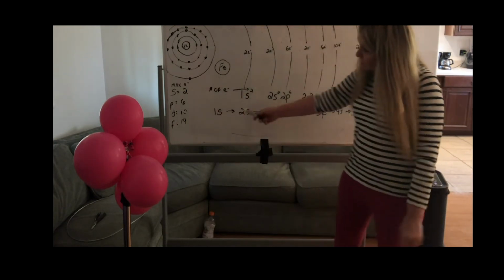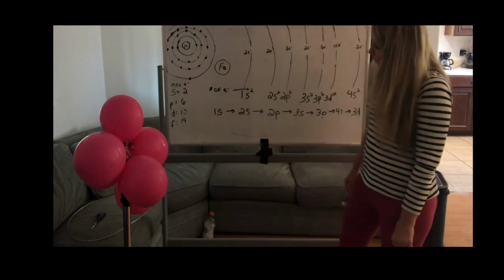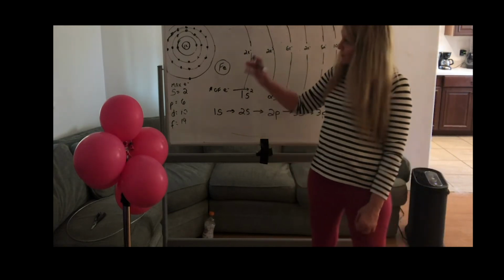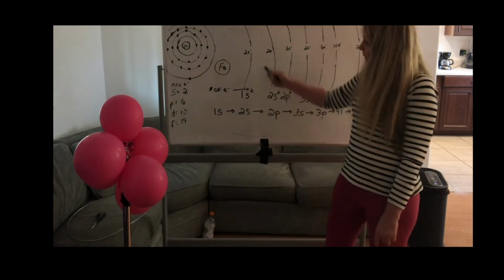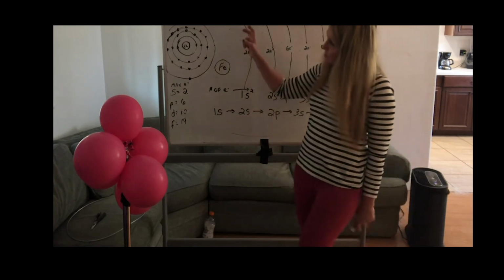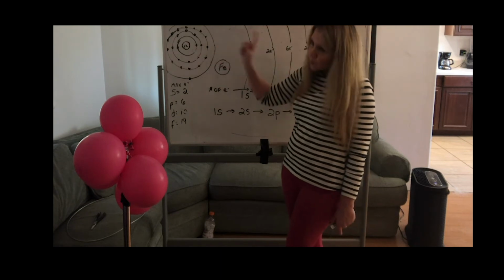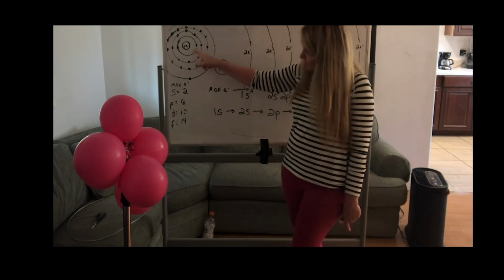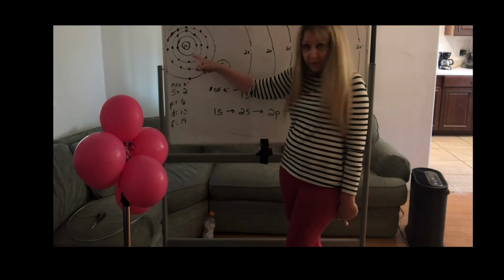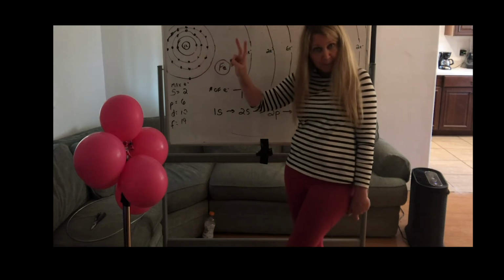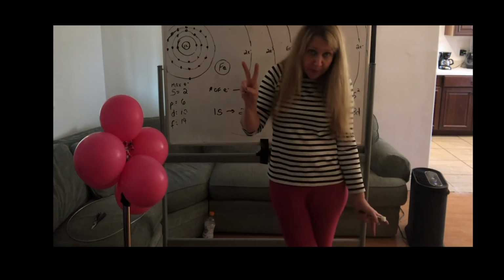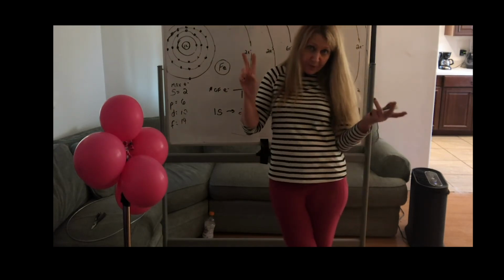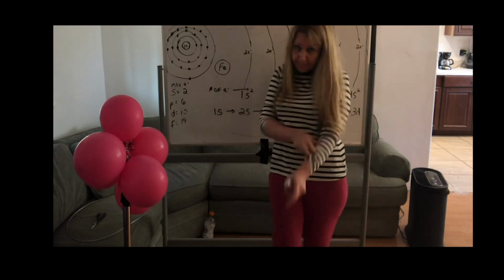Okay, so the order in which we fill up these sublevels. We get 1s filled up first, since remember the first energy level only has one sublevel, and it's 1s. So that's going to be filled up first. Maximum 2. So if you have an atom like helium, it has 2 electrons, you'd fill up that first energy level.